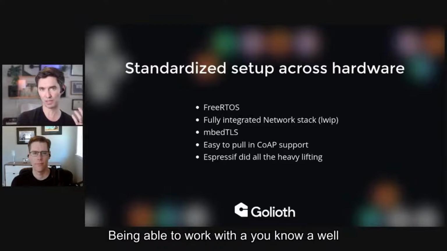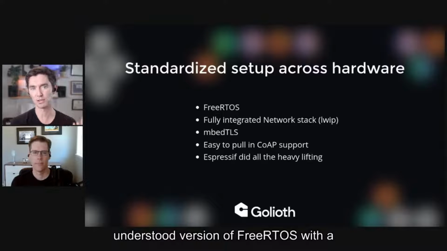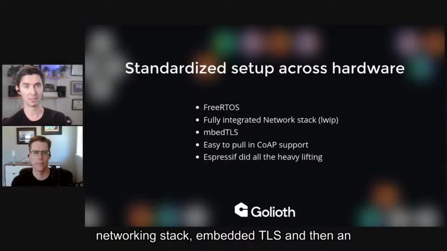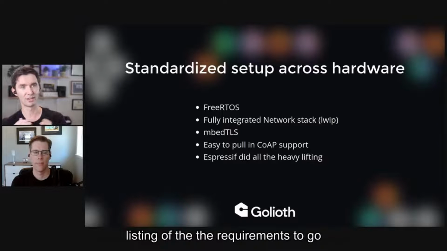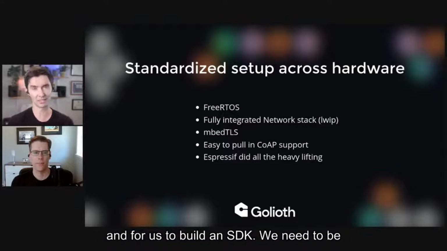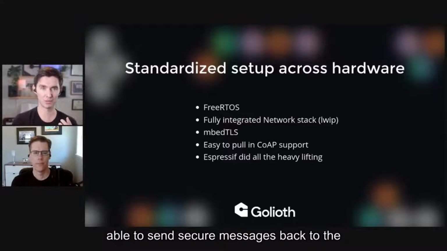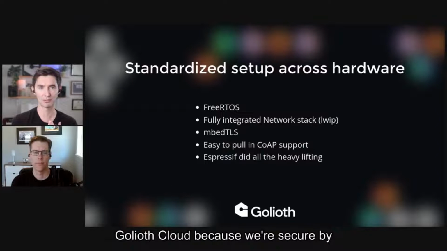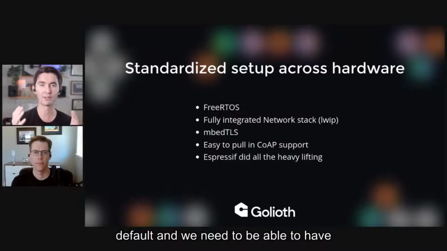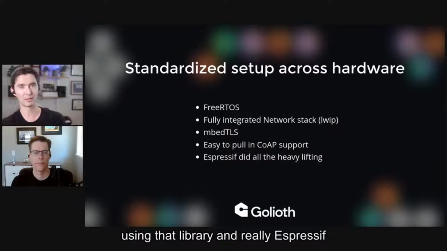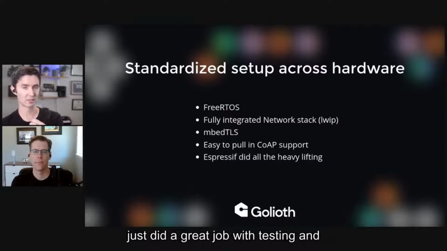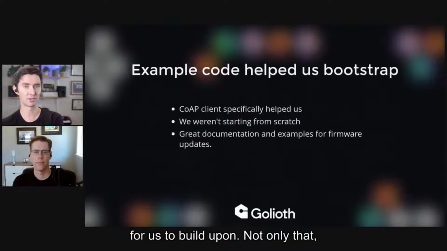Being able to work with a well understood FreeRTOS with a networking stack, Mbed TLS, and then an external library. That's the listing of the requirements for us to build an SDK. We need to be able to send secure messages back to the Goliath cloud because we're secure by default, and we need to understand all of the variations in the hardware we may see. It was easy to pull in CoAP support using that library, and Espressif did a great job with testing and building this ecosystem for us to build upon.